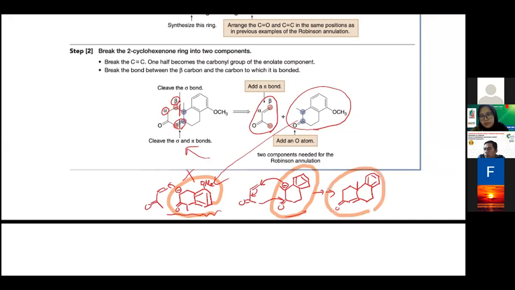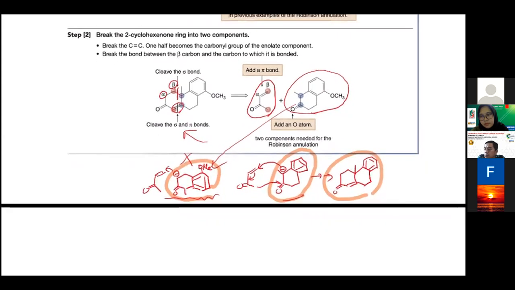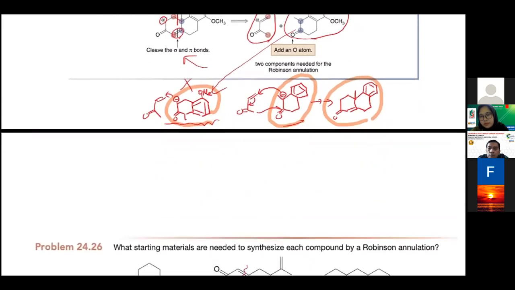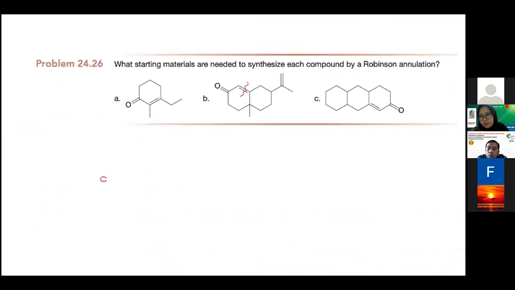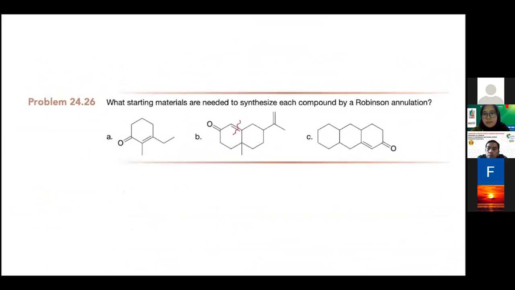And yeah, sometimes we have to think like this, we have to carefully choose the starting material. So yes, this is the final. So I want to solve this together. Yes, last one. Cut here.